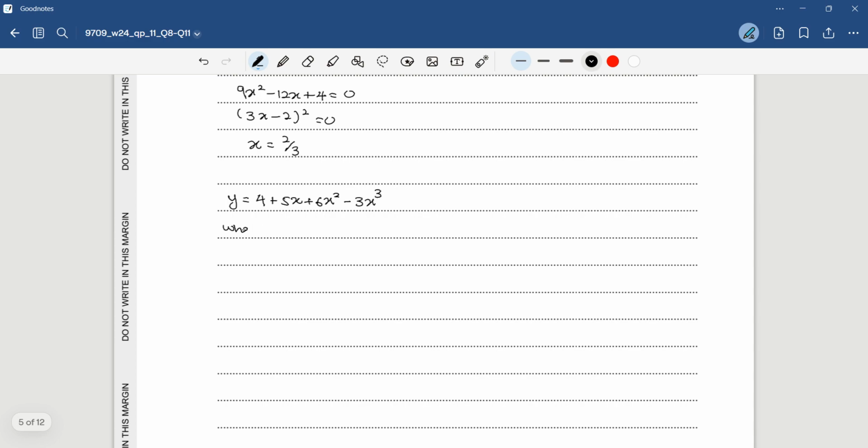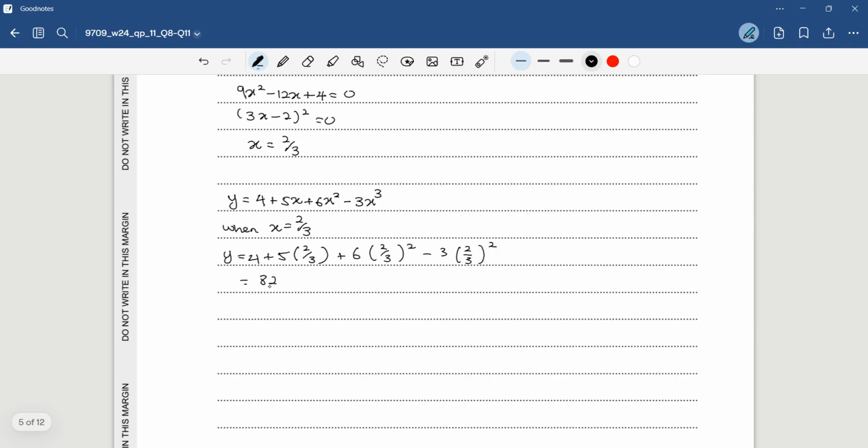So when x equals 2 over 3, my y is equivalent to 4 plus 5 times 2 over 3 plus 6 times (2 over 3) squared minus 3 times (2 over 3) cubed.